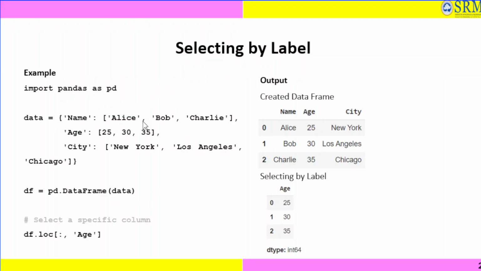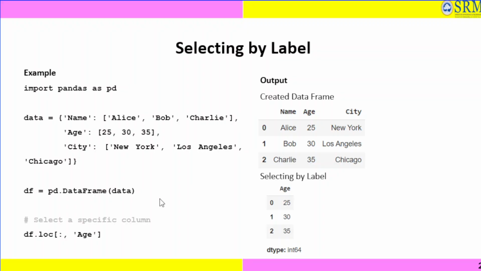So here, selecting by column: in order to create a data frame, import pandas, then create the data. Here it's in dictionary format. Name has Alice, Bob, Charlie, age is 25, 30, 35, and city is New York, Los Angeles, Chicago. Now we have created the data frame.